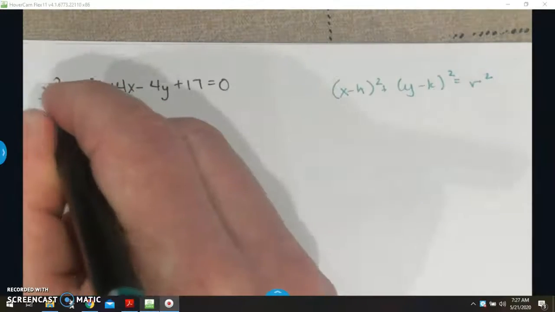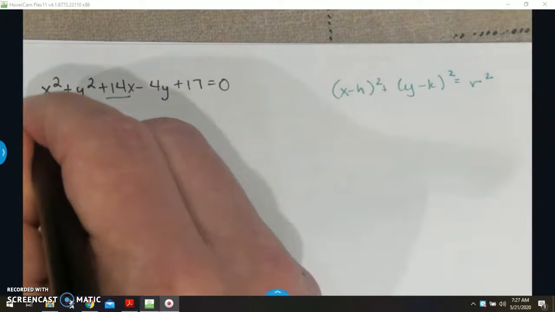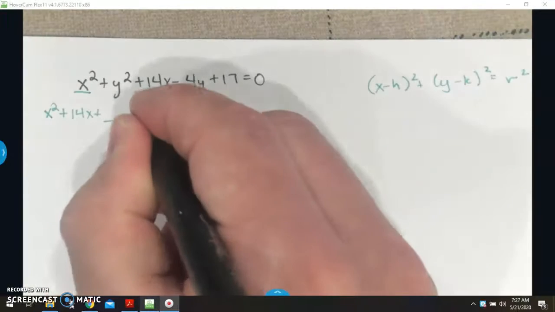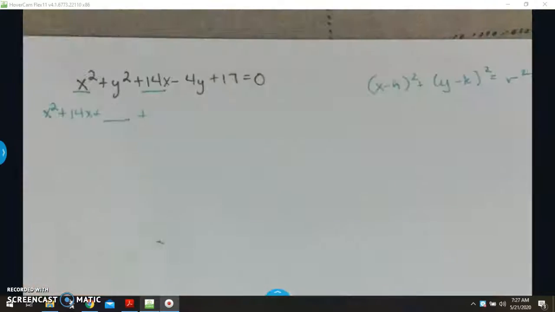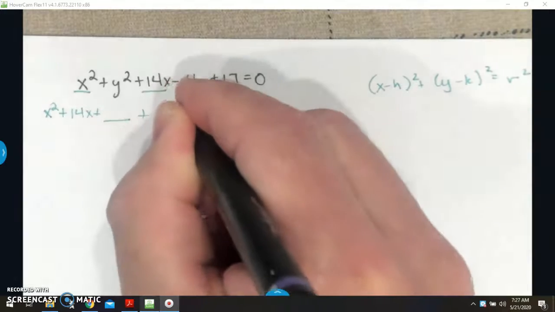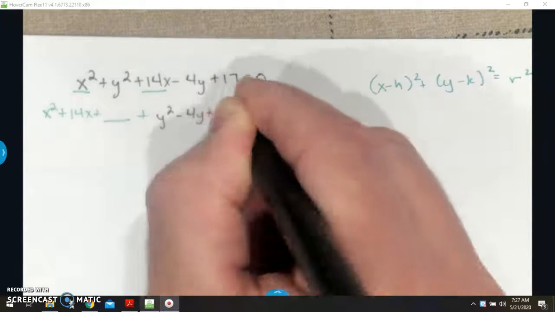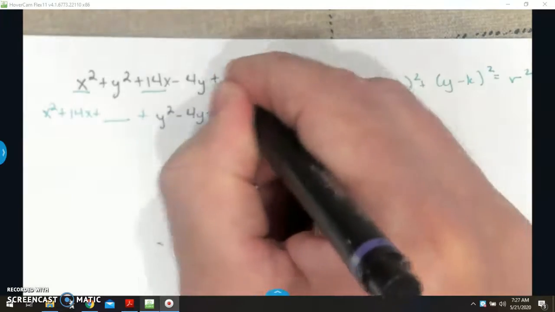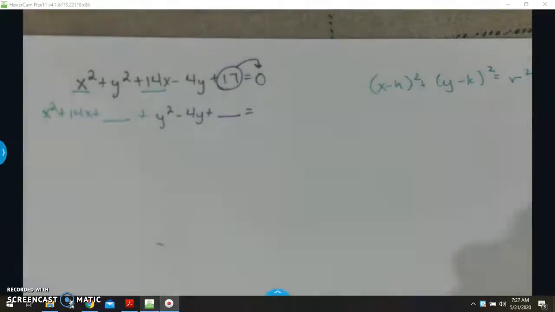X squared plus 14x, plus I'm going to put a space just like we did yesterday. And then plus y squared, and this equals negative 17, so I'm going to move this over here.